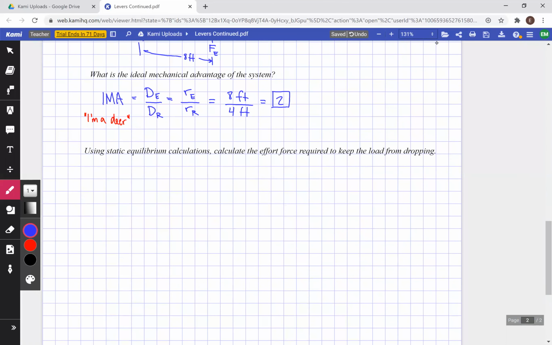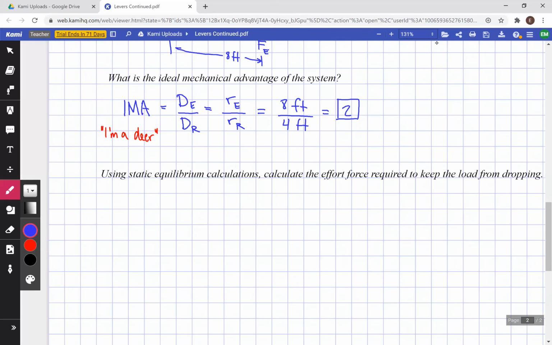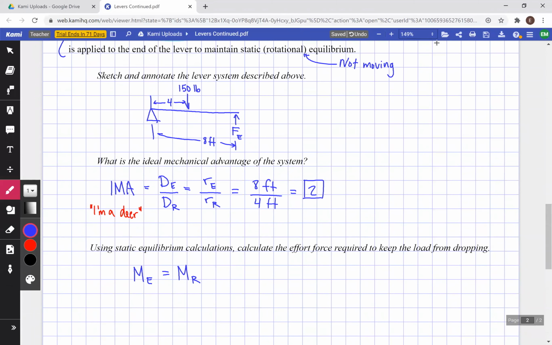Okay, and now using static equilibrium calculations, calculate the effort force required to keep the load from dropping. So in order to maintain equilibrium, remember, we want our moment created by the effort force to equal the moment created by the reaction force or the resistance force.